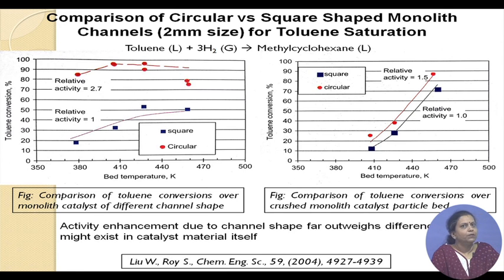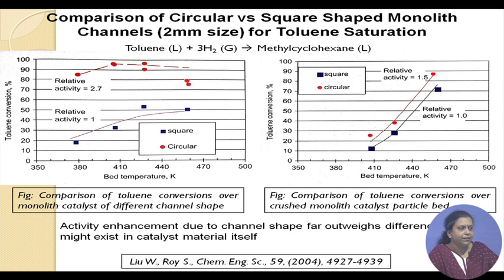So from this it is very evident that the activity enhancement due to the channel shape far outweighs the differences that might exist in the catalyst material itself, and therefore the differences which might exist due to catalyst impregnation, their physical properties, etc., do not affect the catalyst activity as much as the shape affects.